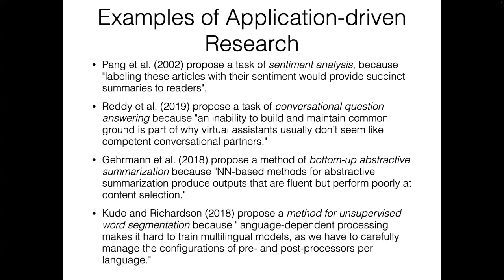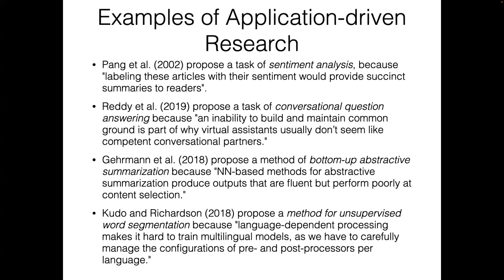And then here's another one where they're again proposing a method, but you could argue that their motivation is rooted in some application. So this was the paper that proposed one of the famous methods for subword segmentation or tokenization.